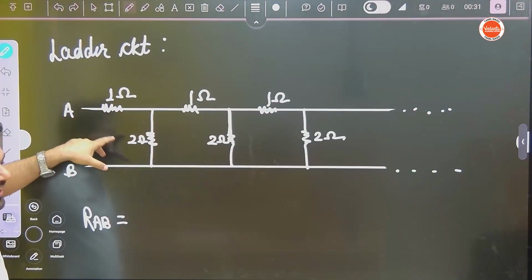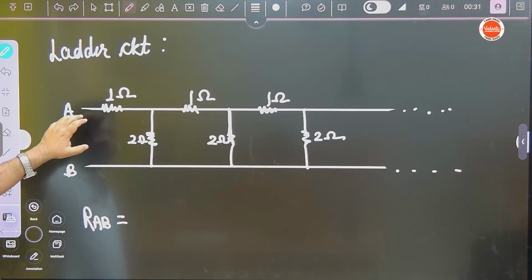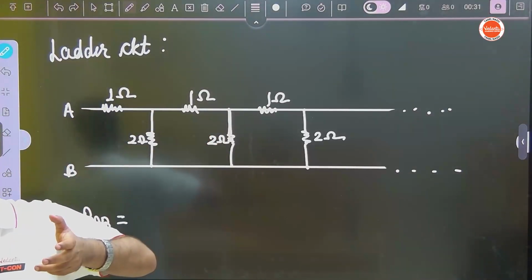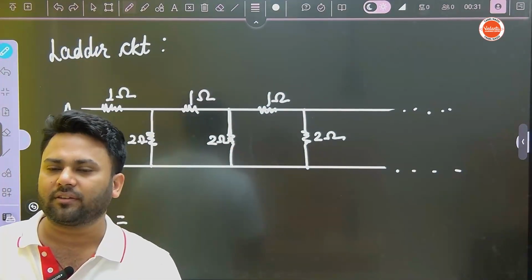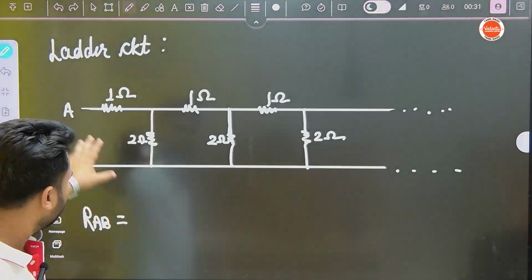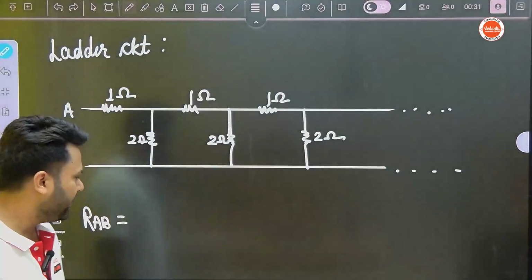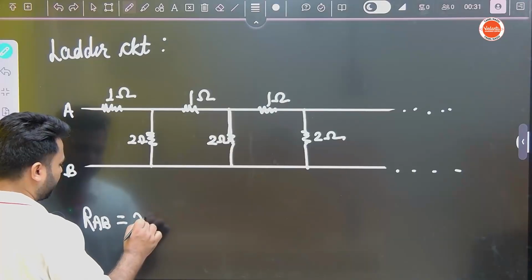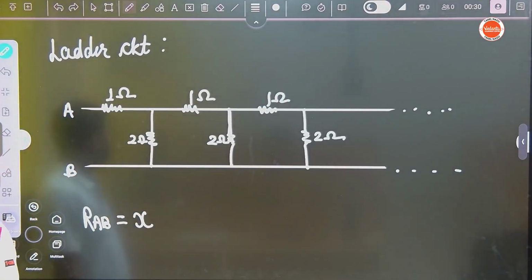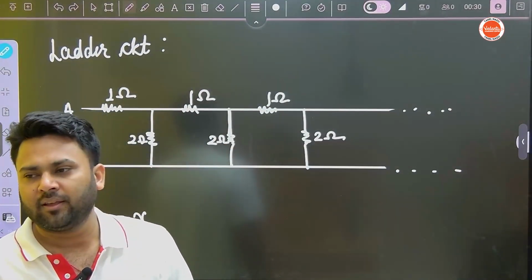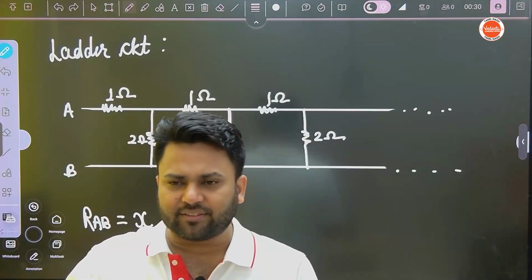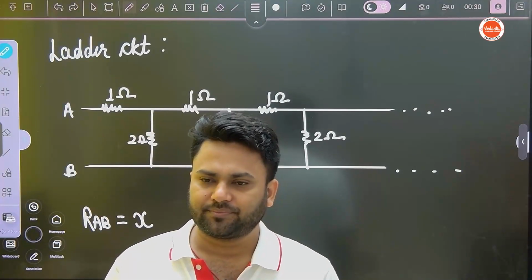So infinite ladder, what we do now? Suppose the R equivalent is X. We don't know what we will write. The R equivalent of this entire circuit is suppose X. Our answer will be X basically. Now always remember, suppose you have infinite balls.